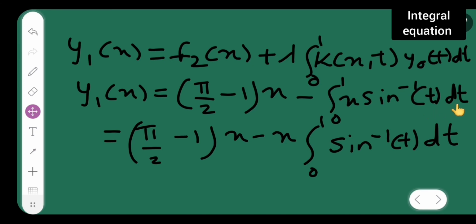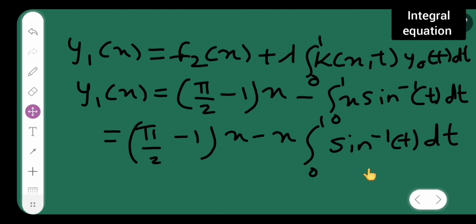So, dt. Now this is equal to (π/2 − 1)x, write this part as it is, then minus x. This x I will take out of the integral because we are integrating with respect to t. Now the integral from 0 to 1 of sin⁻¹(t) dt.